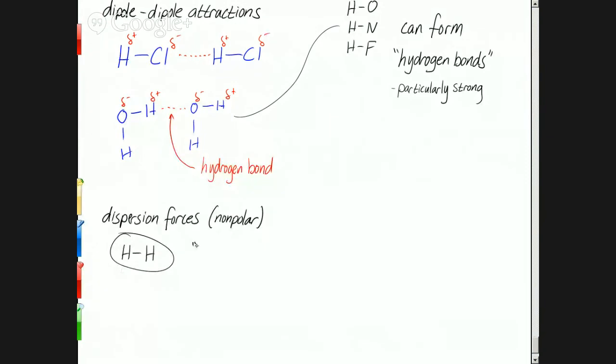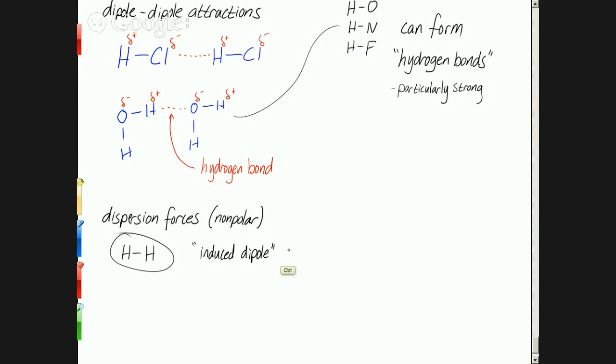That is induced dipole. They're these temporary dipoles that just kind of pop up just because electrons are moving around and sometimes they're not perfectly evenly spaced. So you have these induced temporary dipoles where it will start packing kind of together, and that's actually enough to hold these things together.